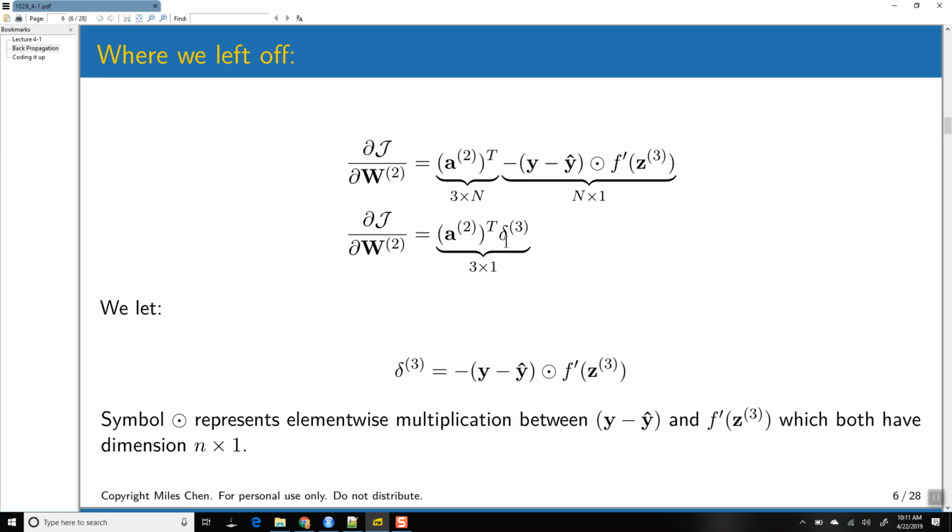Okay, so this is where we left off, and then we called this thing, the negative of y minus y hat multiplied by f prime of z3, delta 3, and so we have A2 transpose delta 3, okay?